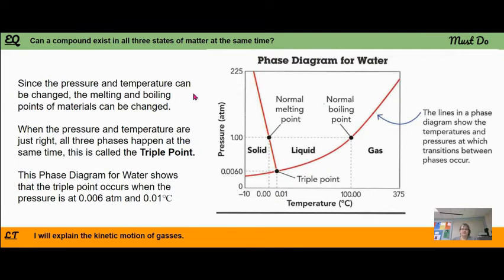But since the pressure and temperature can be changed, the melting and boiling point can be changed.